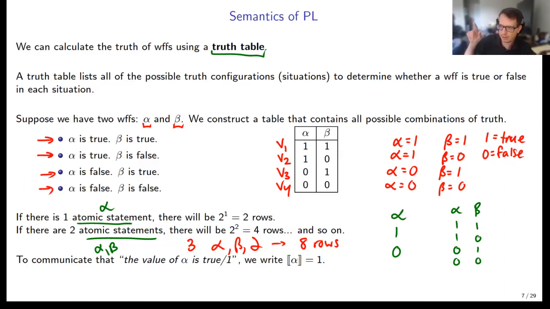Alpha is true, beta is false, and delta is true, and so on. So it's very similar to a power set. It's constructed in pretty much the same way. The more atomic statements you have, the more different possible configurations of truth you can have. So if you ever have to do a truth table in this course, you'll never have more than 3 different sentences you have to look at. Otherwise, the truth table just becomes too big.